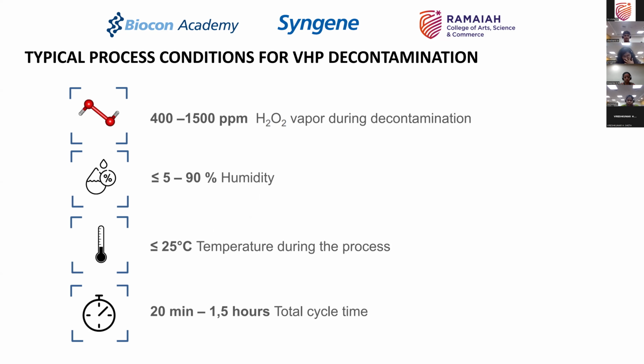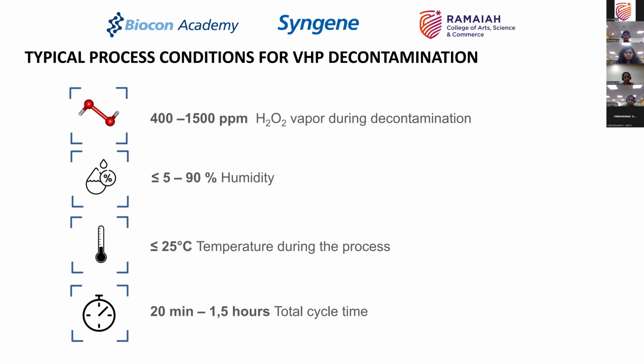Greater than or equal to 5% humidity is where you can start. Generally, it is around 30% humidity. And when you are doing the hydrogen peroxide vapor injection, the humidity inside the chamber will go all the way up to 90%. We've seen that through the curves when we discussed VHP decontamination.